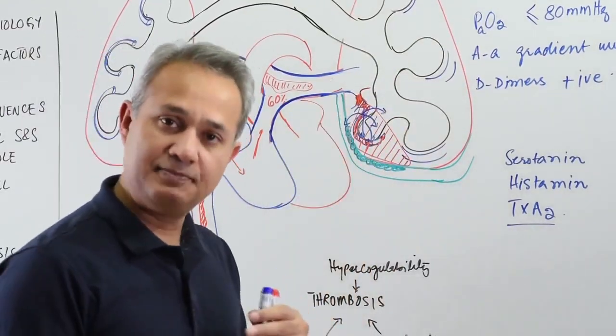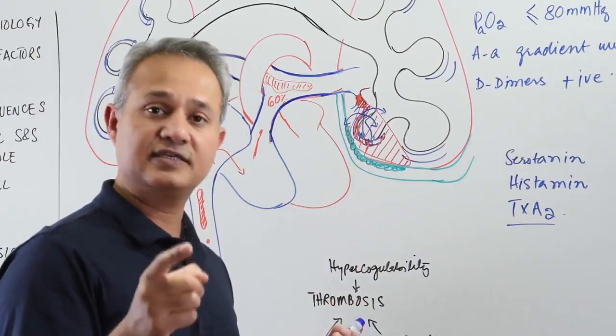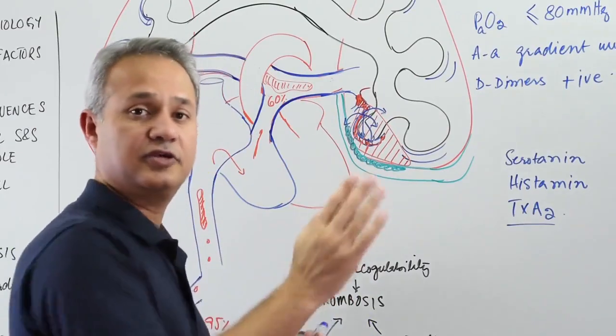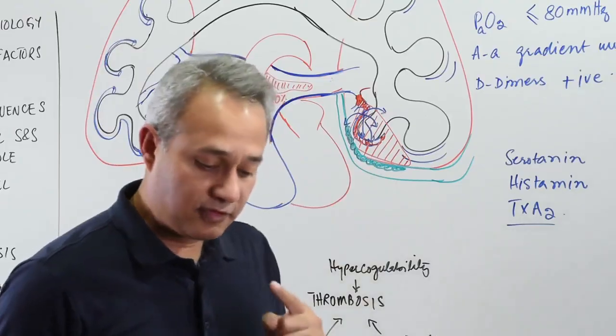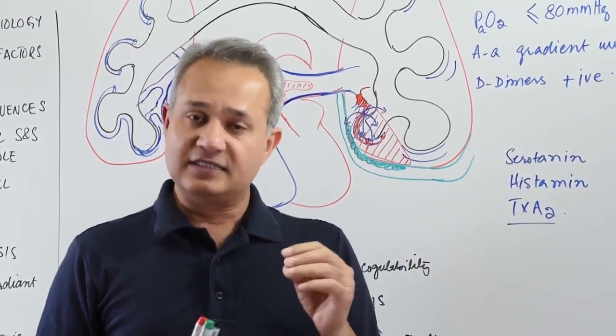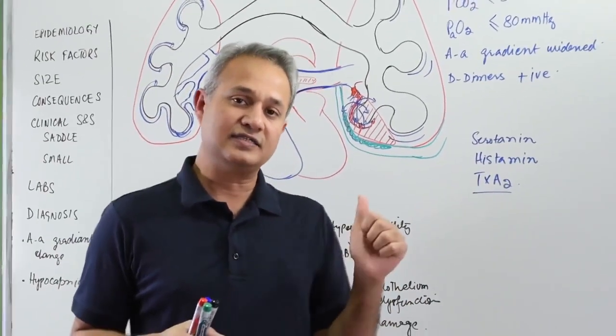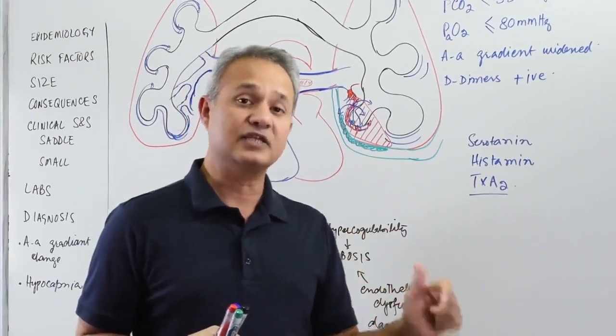So these are the labs plus the diagnostic procedures. Start with the chest X-ray, start with the D-dimers, and then you can continue. Normally remember this, pulmonary embolism is not a disease that you can just diagnose from the labs.